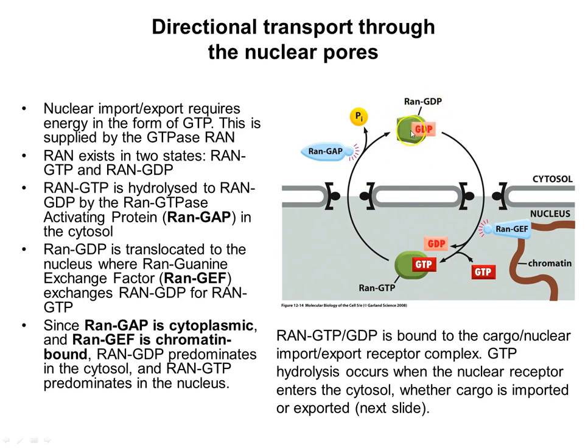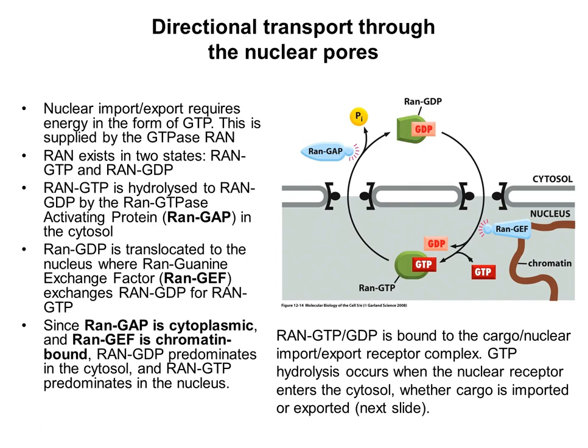Then this RAN GDP gets picked up again and brought to the nucleus. It encounters an enzyme called RAN-GEF, RAN guanine exchange factor, and that effectively recharges it into its GTP bound state. So this cycle ensures that we've always got RAN GTP in the nucleus, and we've always got RAN GDP in the cytosol.